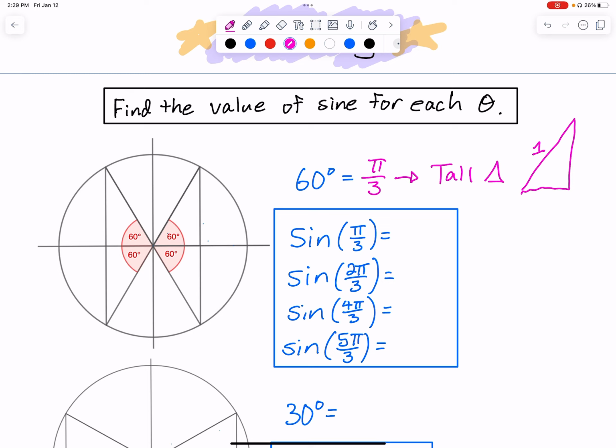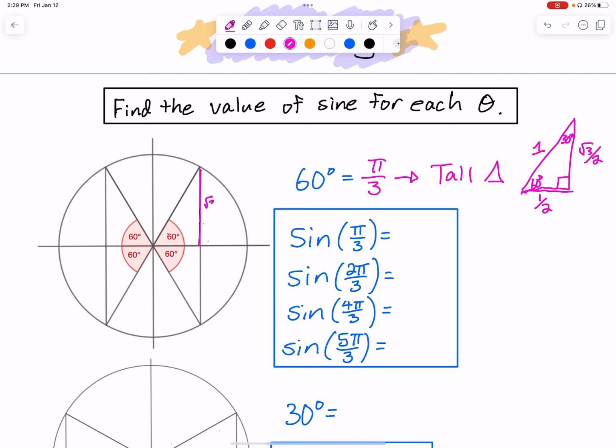Because the ratio of the sides isn't going to change, so I might as well make that a 1. I know from previous videos, if this is a 60, and that's a 30, and this is my tall triangle, that means the tall part is bigger, so that's radical 3 over 2, and the small side is 1/2. So if I'm doing sine here, well, that's y, right?